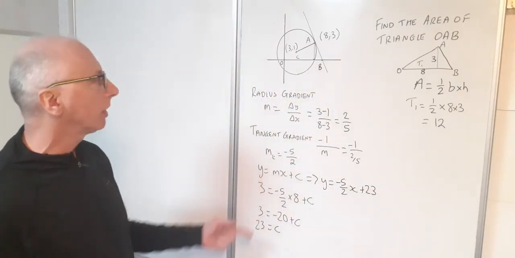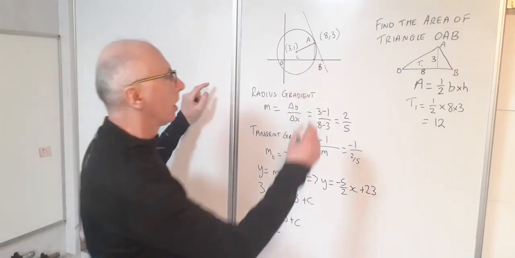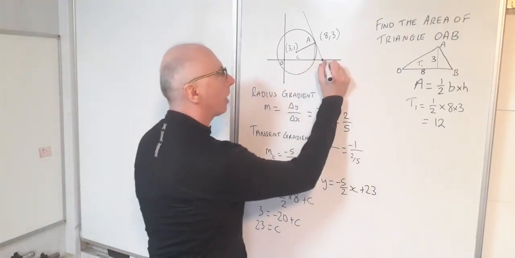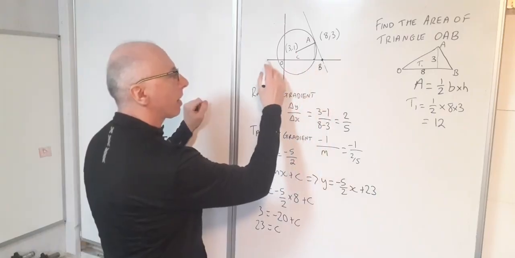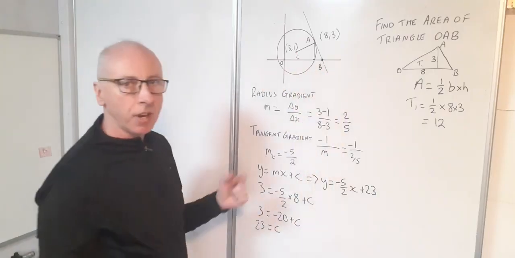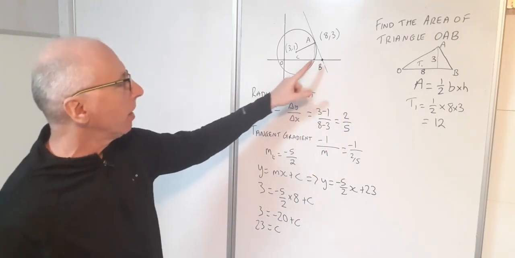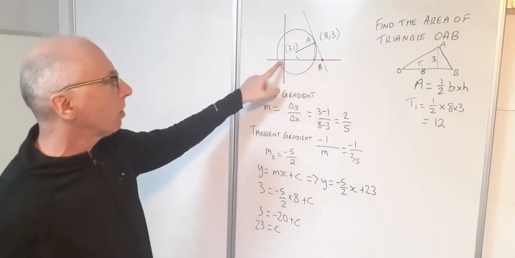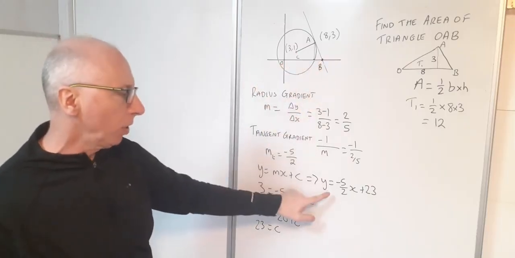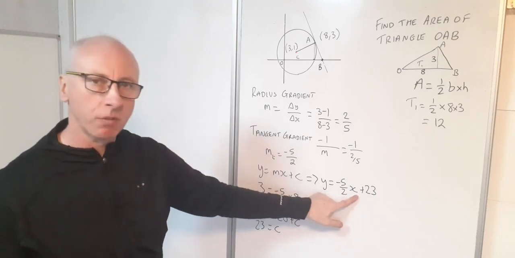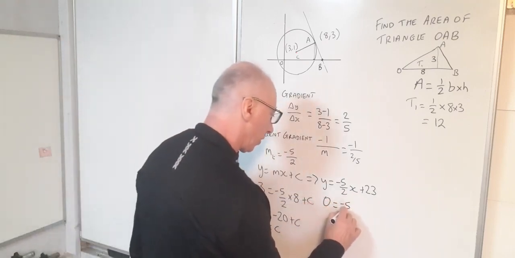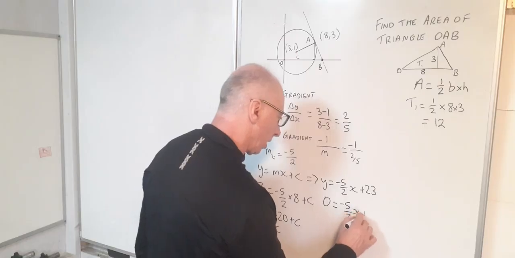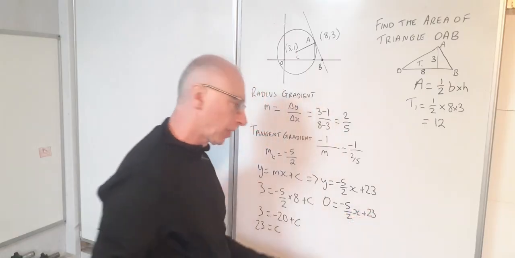Now with that, I can find the point B. The quality I've got at point B is that it sits on the x-axis, and on that axis y is 0. So if I plug in 0 here, I can solve for x. So 0 equals minus 5 over 2 x plus 23.